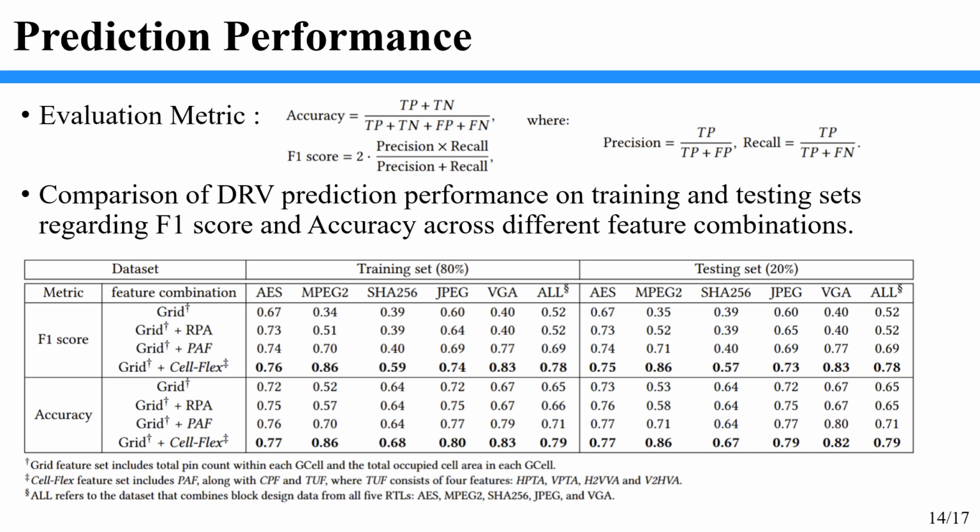The grid features in the below table include the total pin count and cell area of cells inside each tree cell. This table shows that our feature combination, which incorporates our metrics, achieves better performance compared to grid alone and grid plus the previous pin accessibility metric.